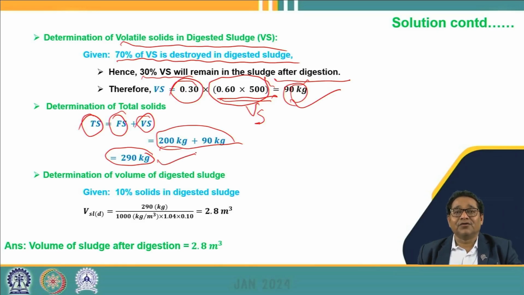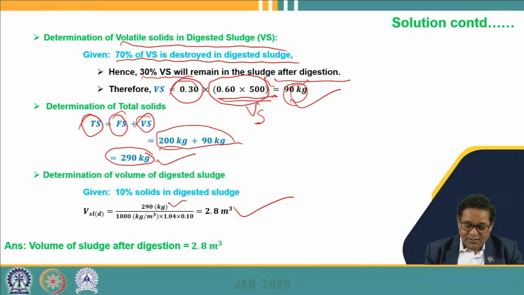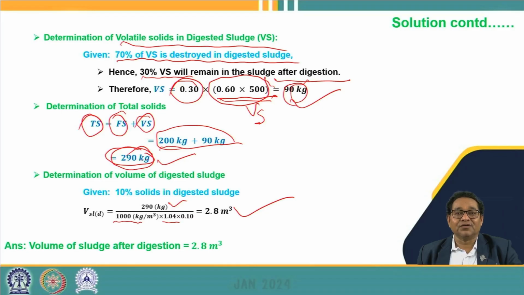And now this is in terms of weight. If we want to see its volume, we again have to use this weight and volumetric relationship. Here we have 290 kg of the total solids divided by rho W, which is 1000 kg per meter cube for water, and the specific gravity of the digested sludge, which is equal to 1.04.